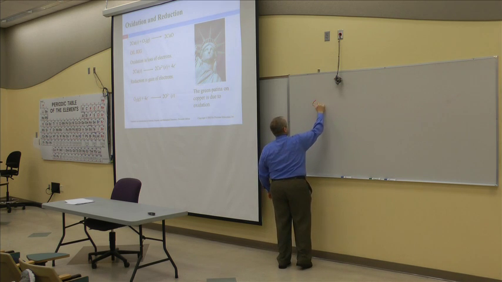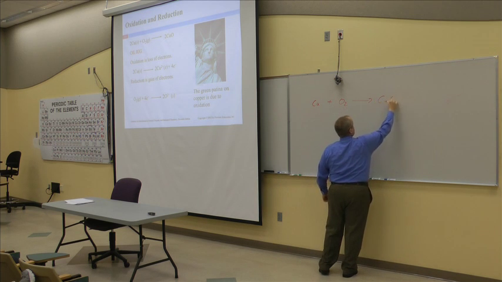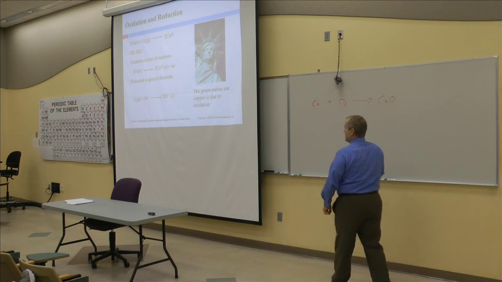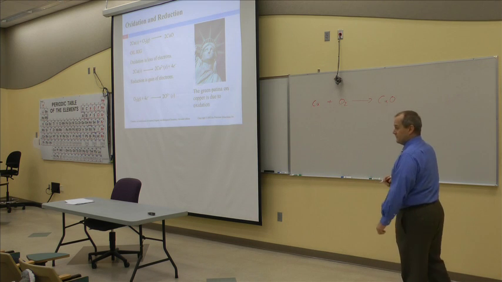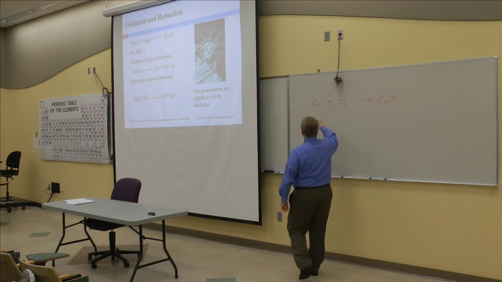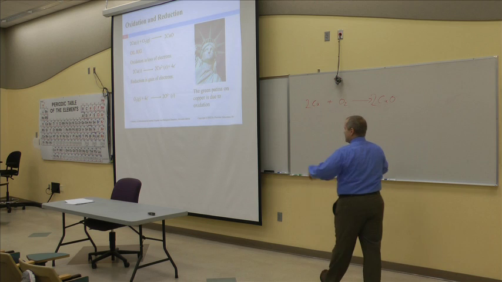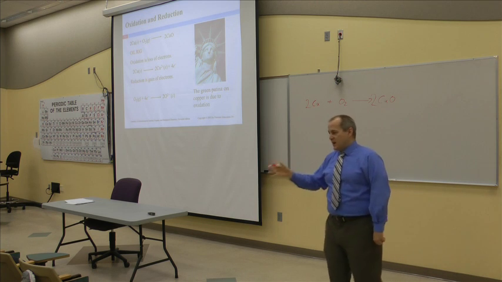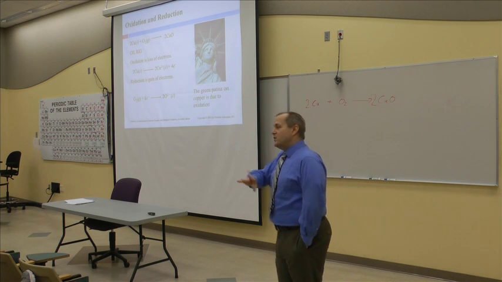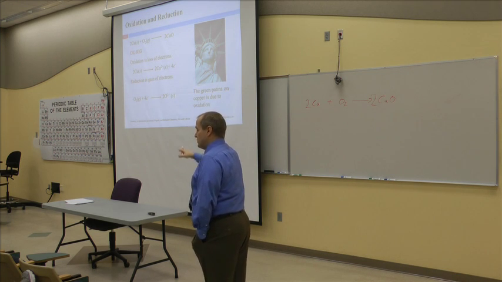So here we have copper plus oxygen will give us copper(II) oxide. And copper(II) oxide is green. Nice pretty color. So now, we can balance it. Let's just throw up the balancing numbers here. Now in this class, when you're learning about oxidation and reduction, all I really want you to be able to do is tell me what's being oxidized and what's being reduced.